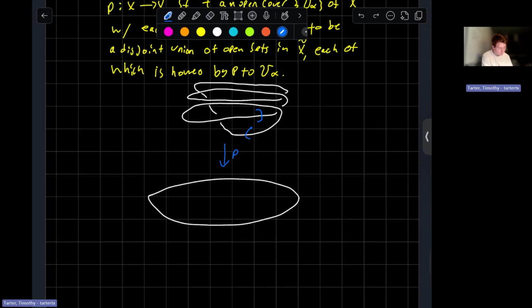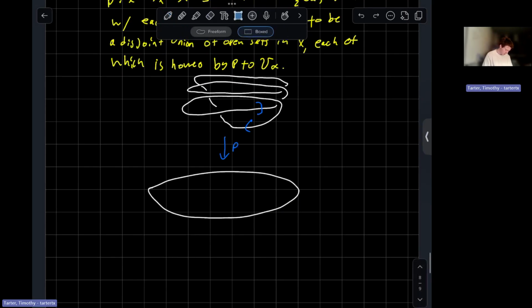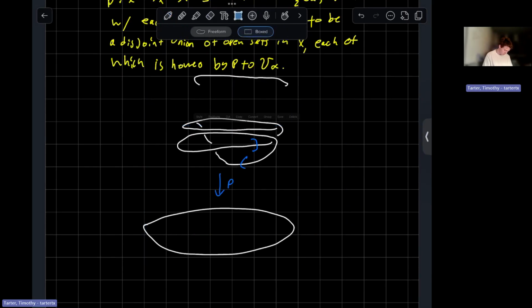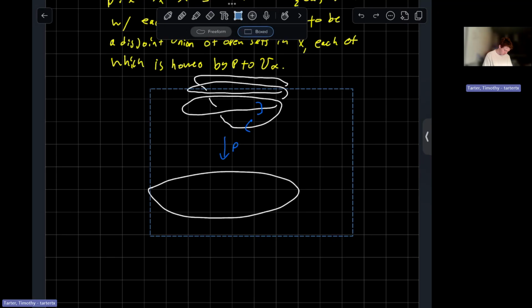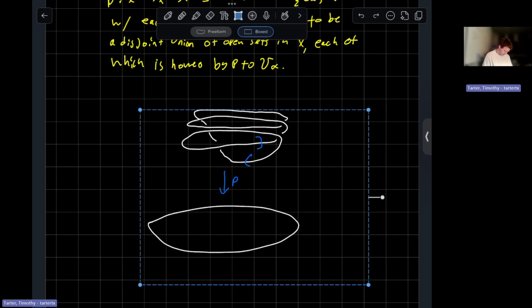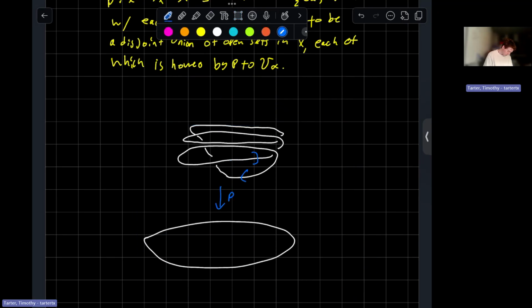And of course this is homeomorphic. Another example is the map. So this is example one.